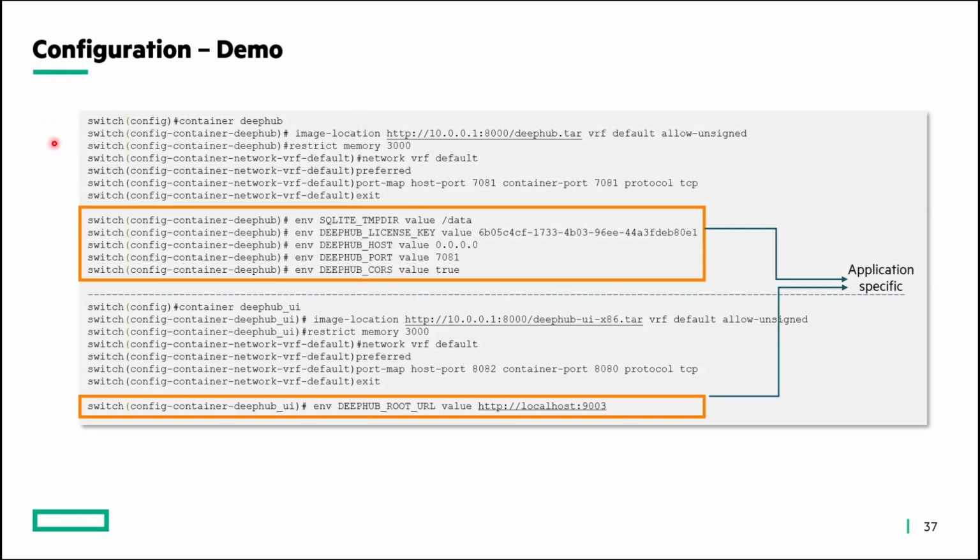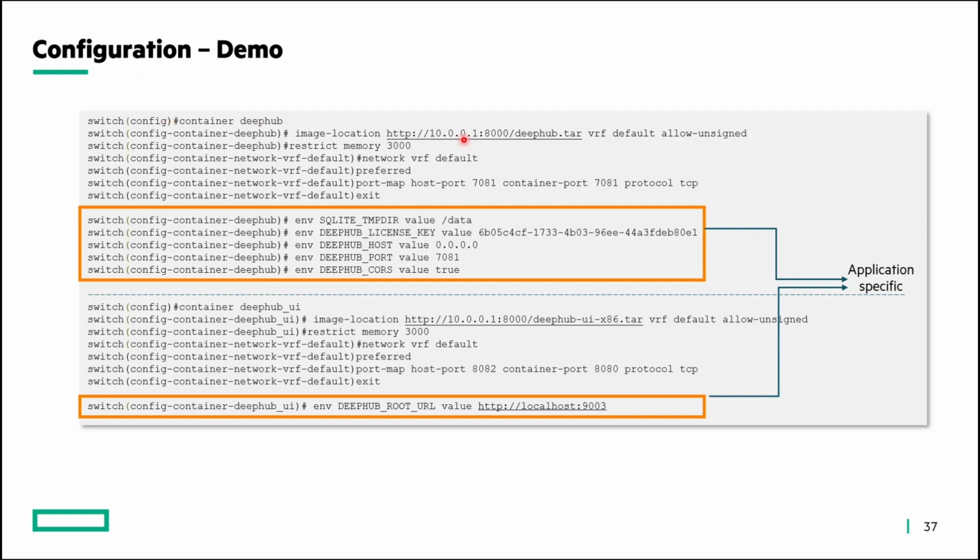I would like to give a gist of what has been done in the demo. I have two containers, container deephub and container deephub UI. My idea here is to run this application's UI and backend. This is my backend container config and this is my UI container config. These are the optional environment variables, which are application specific.